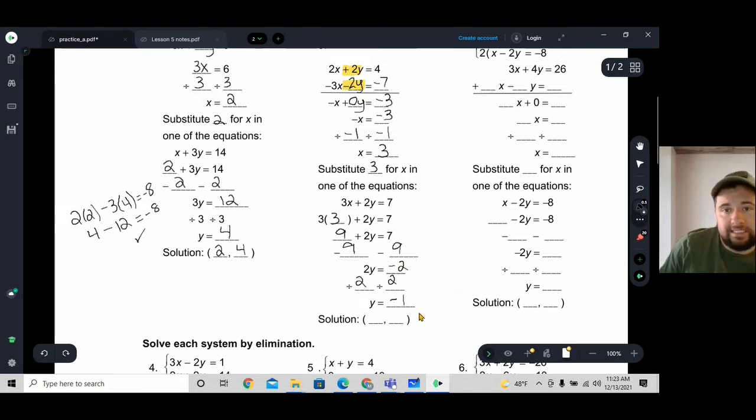And I'm going to check this by plugging it into my other equation. So my other equation was 2x plus 2y is 4.